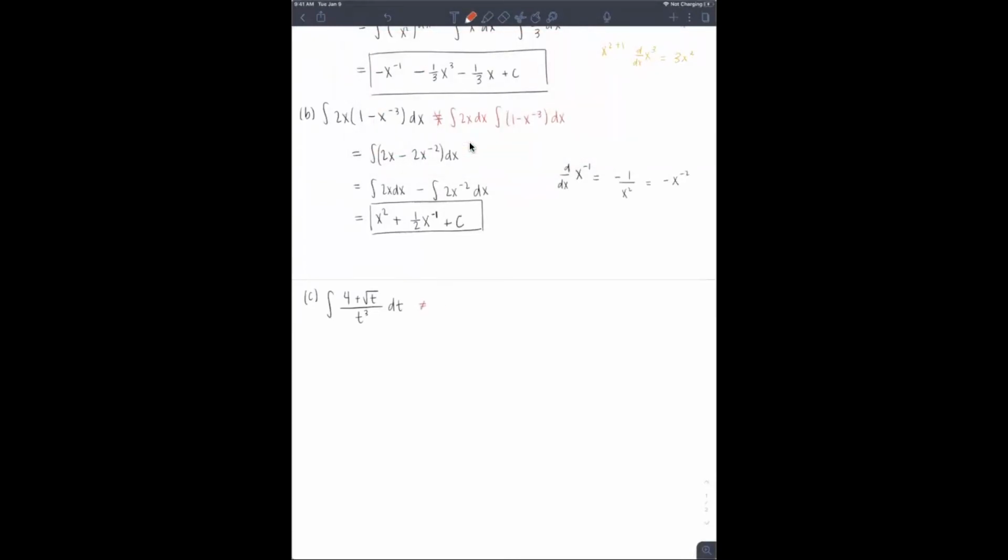Oops, I can't say it's the integral of 4 plus the square root of t all over the integral of t cubed, right? I'm not allowed to say that. And so again, I'm going to have to figure out something algebraically to do to this so that I can find the integral. And so what can I do with that t cubed?